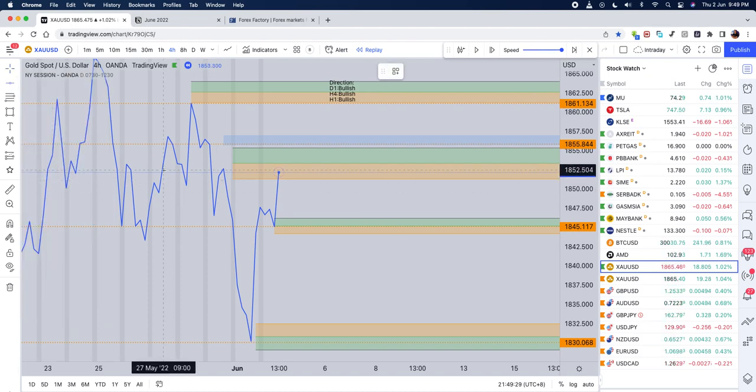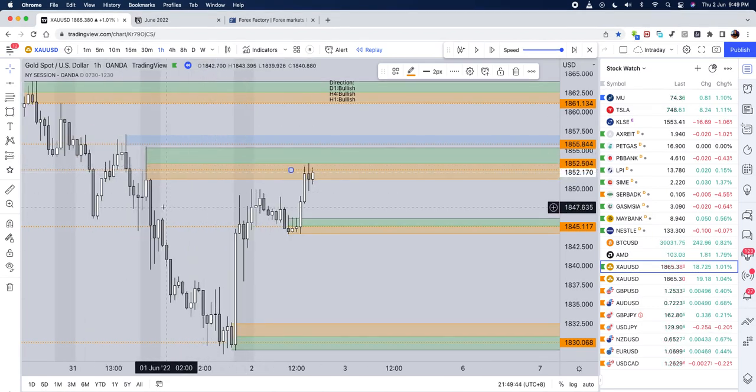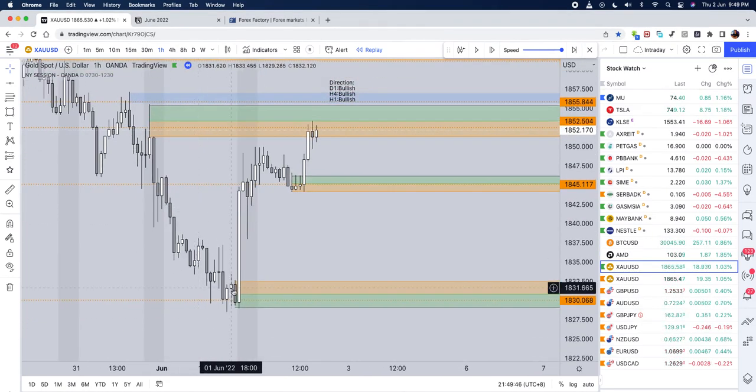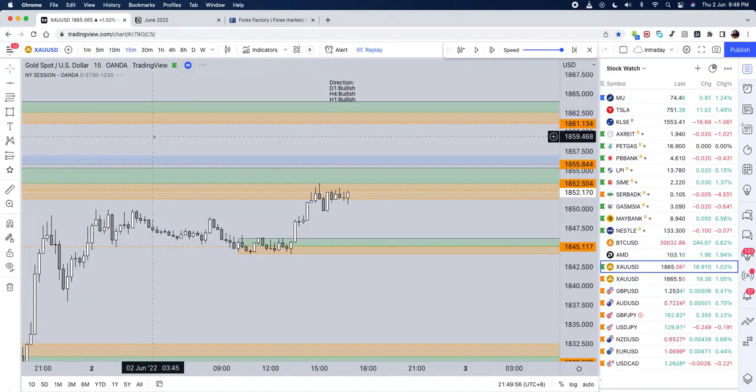I think it got deleted accidentally over here. Then this one. So this is the H4 SNR level, and then we move to H1 and change to candlestick. Then we mark the SND zones in H1, which are this one, this one, this one, and this one. Okay, so after we're done with that, we go to M15 for entry.